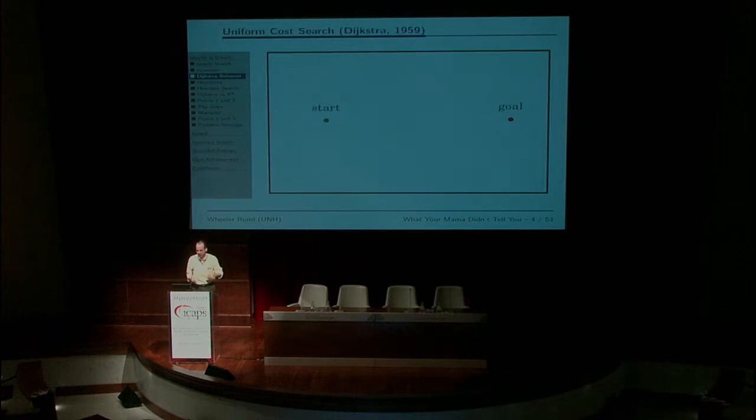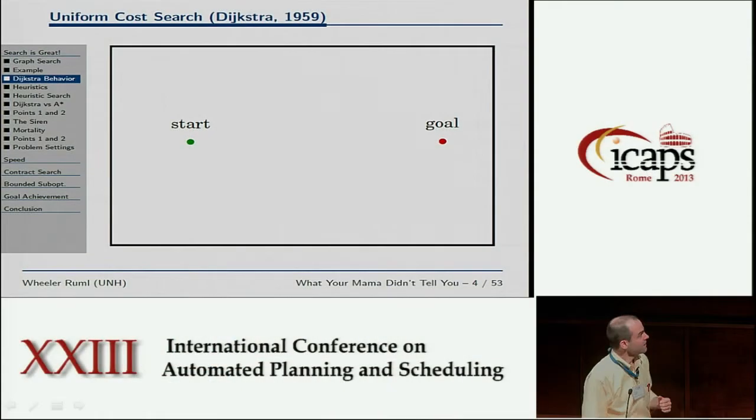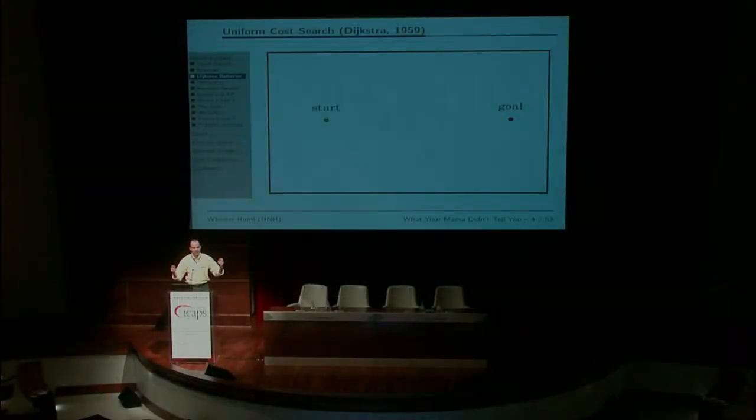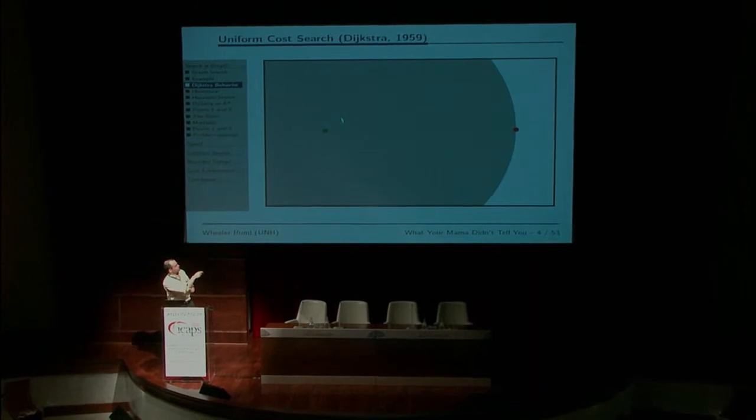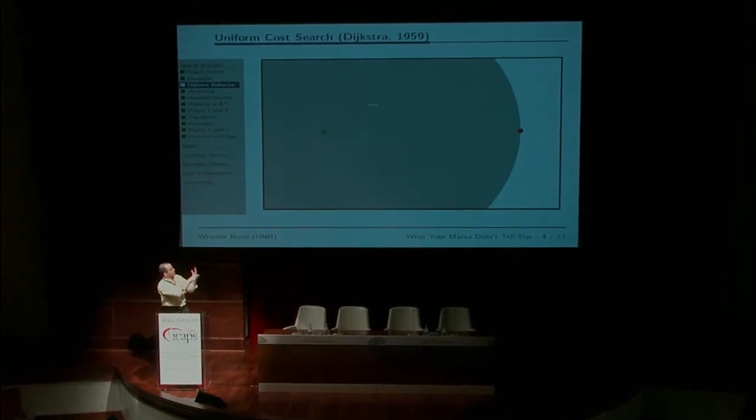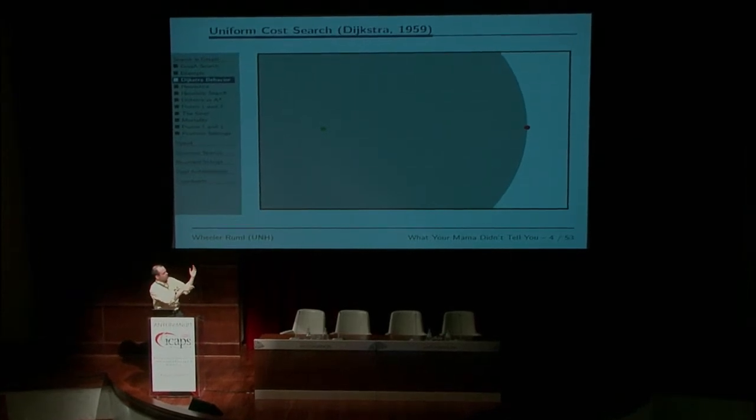Now, you've probably all heard of the Dijkstra algorithm, otherwise known as uniform cost search, sort of the simplest search algorithm you can imagine. If we were traveling from this start position here to this goal position here, Dijkstra expands nodes in order of their G value. It's going to expand all the nodes with cheap G values before it expands any nodes with larger G values, and eventually it will reach the goal.